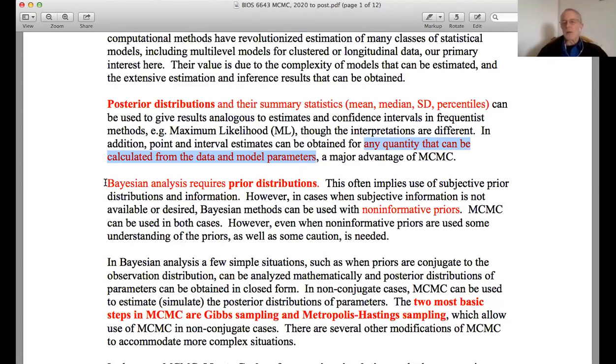And Bayesians say, well, yeah, but you get to use subjective information in your prior, right? So it depends on whether you want to call it a problem or a feature. Either way, you do have to specify a prior distribution. In terms of real data analysis, I don't find this much of a limitation. You can specify a non-informative prior, which I'll tell you about in a few minutes.